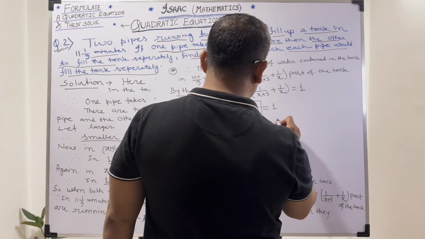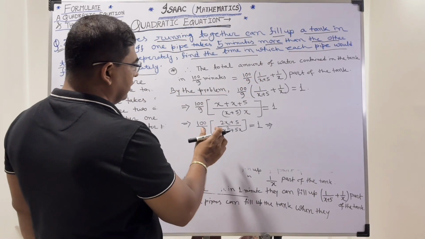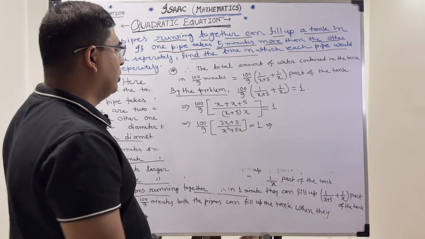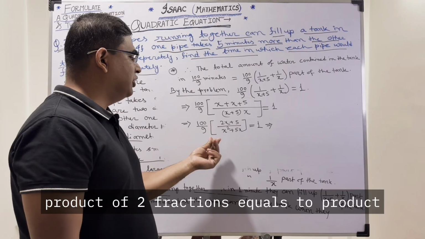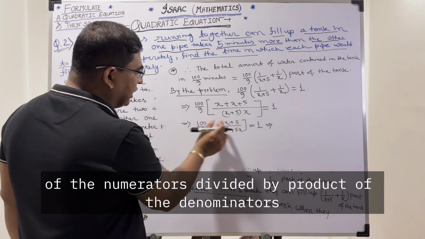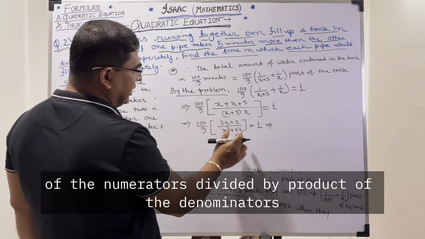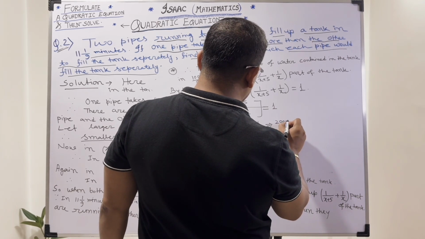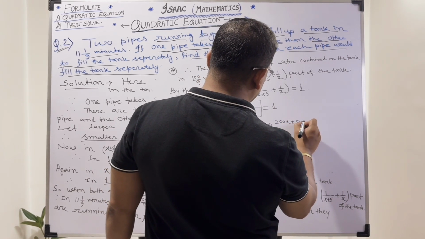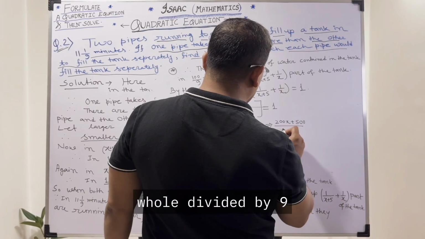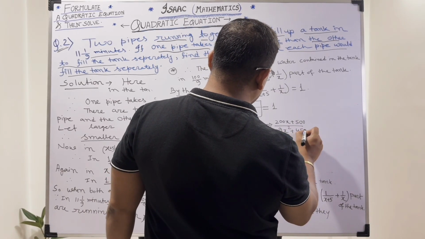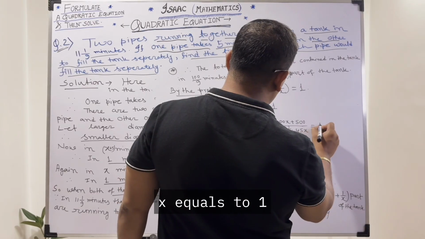This implies these are fractions. The product of two fractions equals the product of the numerators divided by the product of the denominators. That is why we have 200x plus 500 whole divided by 9x square plus 45x equals 1.